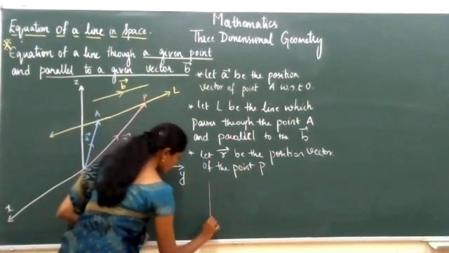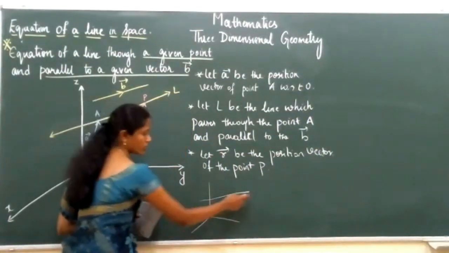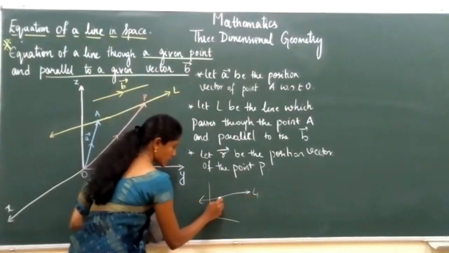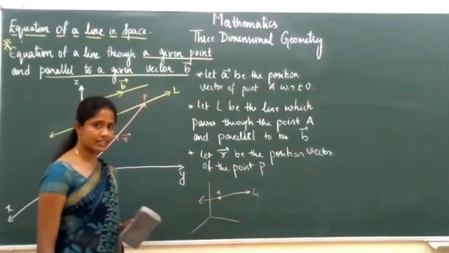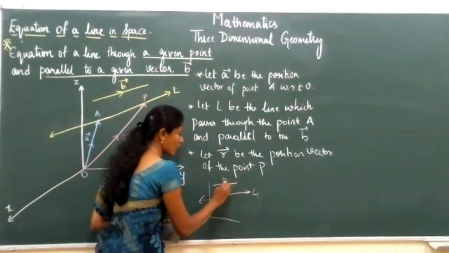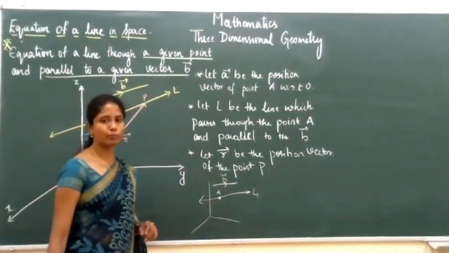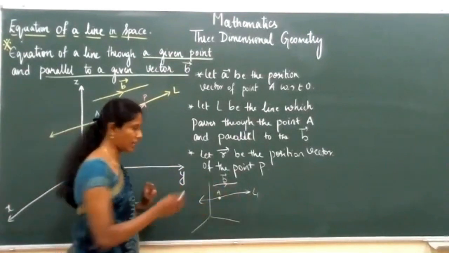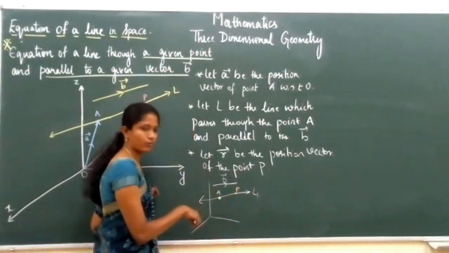We are going to find the equation of this line L, which is passing through one point, which we name A, and is also parallel to another vector, which we have called vector b. In order to find the equation of this line L, we have considered another point P on the same line.